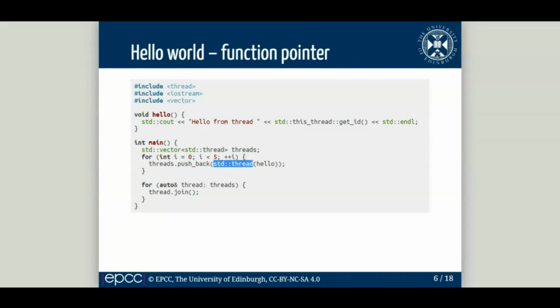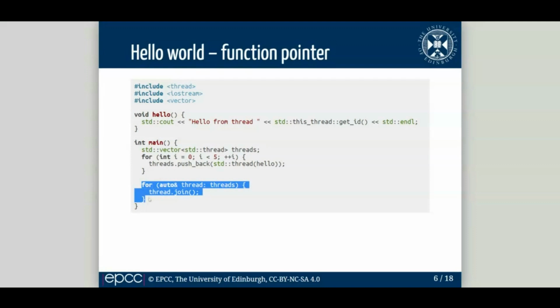I'm creating the thread with std::thread, and as an argument I pass the name of the function that I want to execute. So here I define my vector. Here I execute 5 threads, creating them.